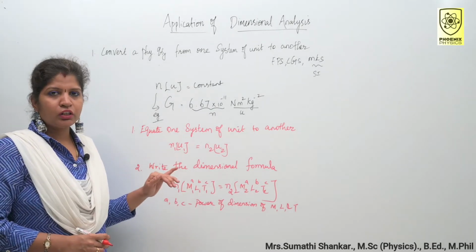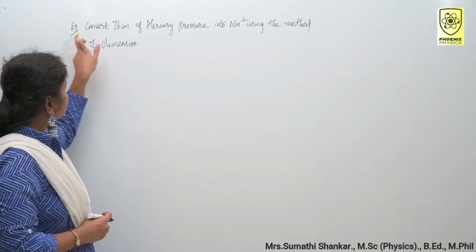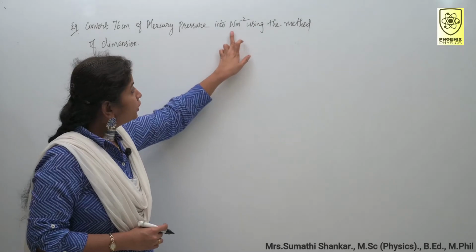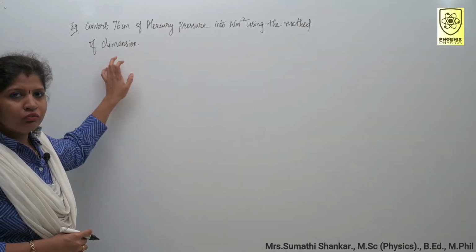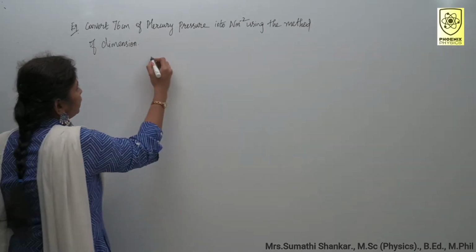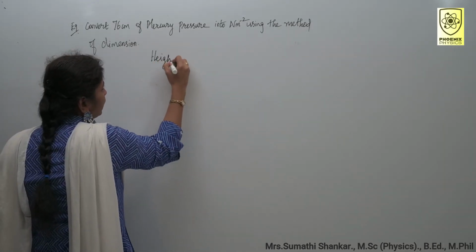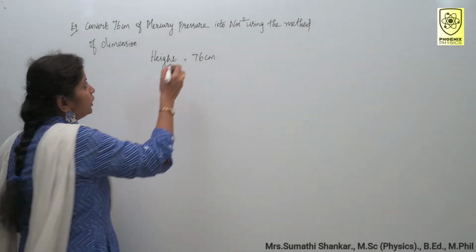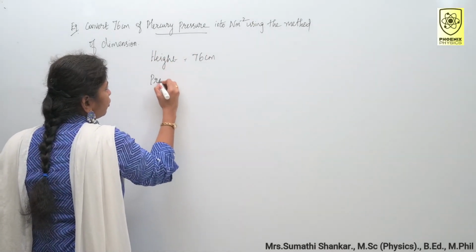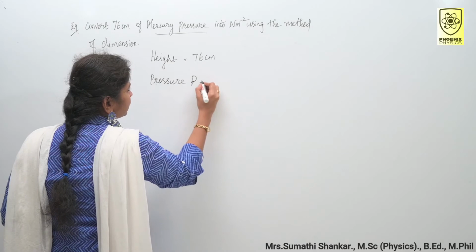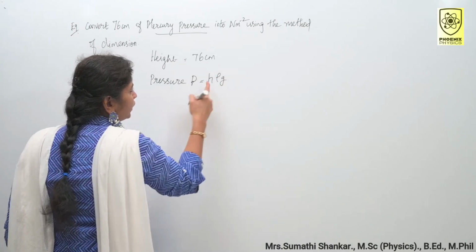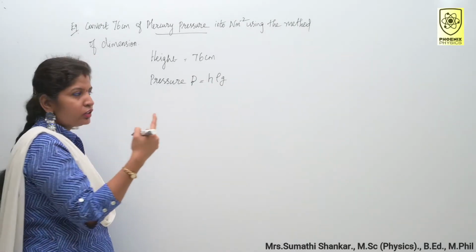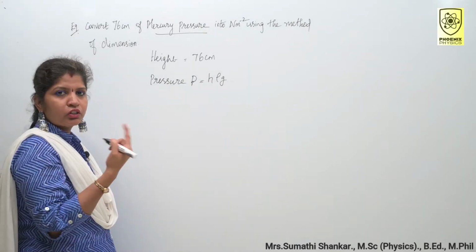Based on this application, one example problem is given. Convert 76 centimeter of mercury pressure into Newton meter minus 2 using the method of dimension. Here the height of the mercury column is given. Height is nothing but 76 centimeter. We are going to find out pressure. What is the formula for pressure? Pressure P is nothing but H rho G. H is the height of the mercury column, rho is density, and G is acceleration due to gravity.